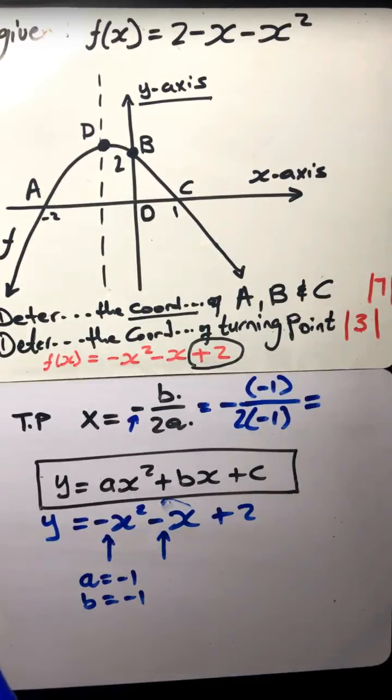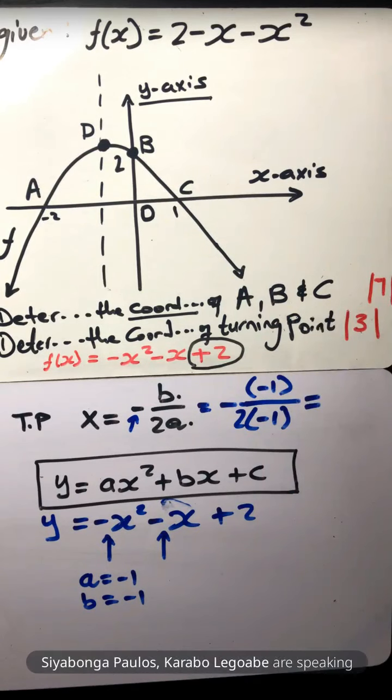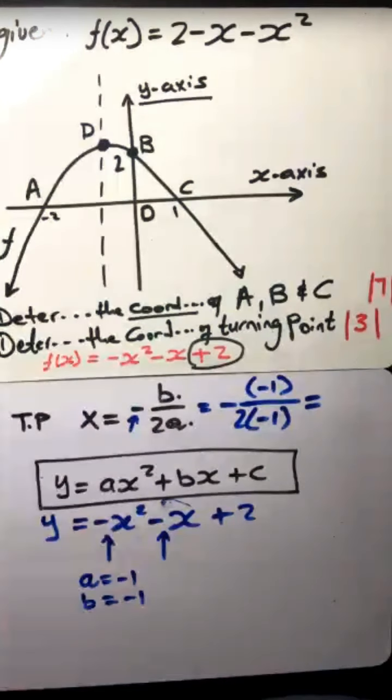Positive 1/2. Someone is getting positive 1 over 2. The other one, what are you getting? -1 over 2. -1/2, sir. Shreyas, what are you getting? -1 over 2. The other one, what are you getting? It's -1/2, sir. So you noticed your mistake, ne?